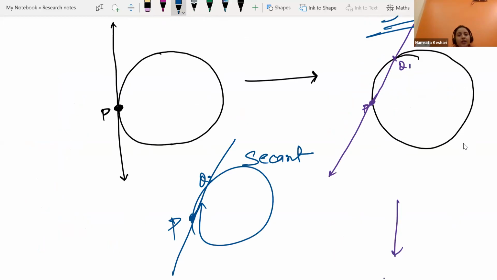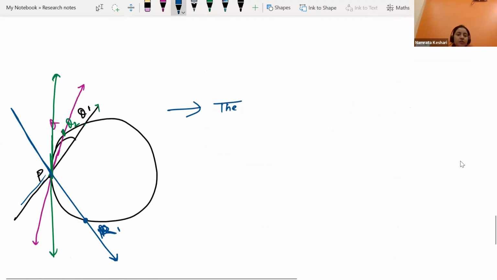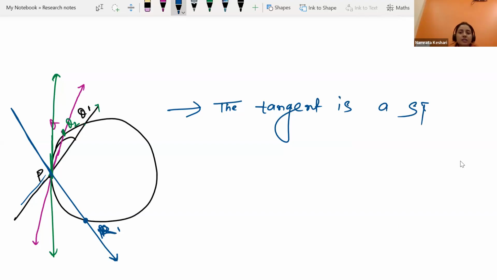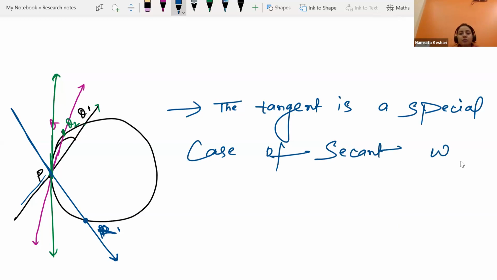Yes. Okay, I'll write something on the screen. You tell me, are you getting it? The tangent is a special case of secant when two end points, end point means I mean the intersecting points.